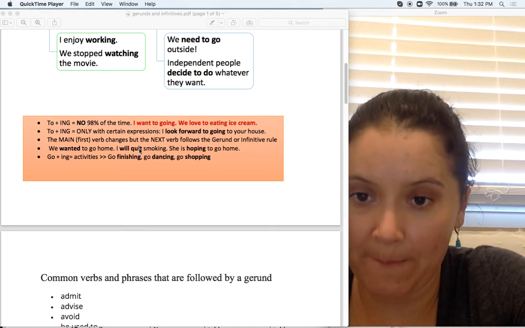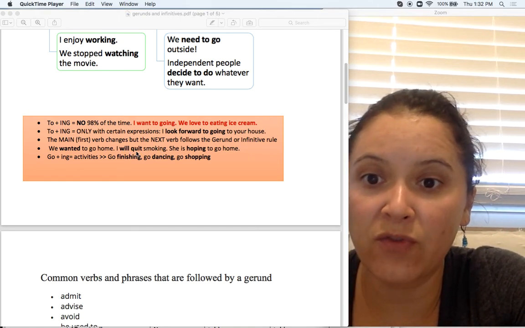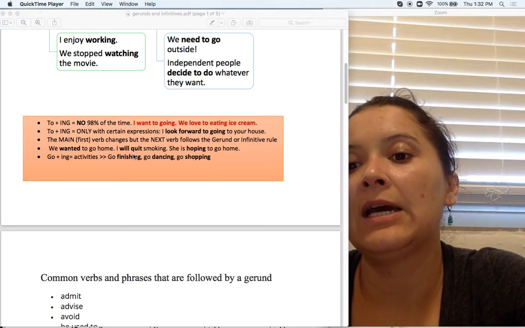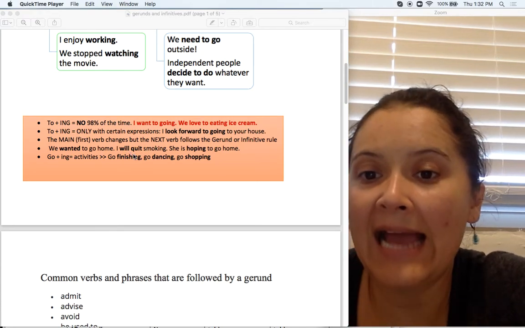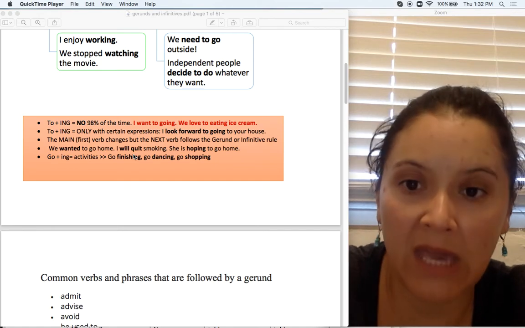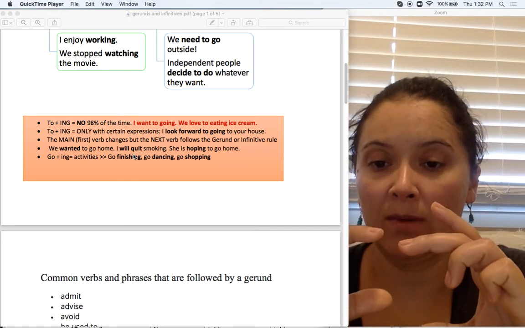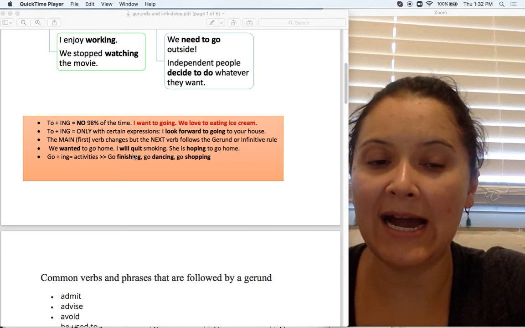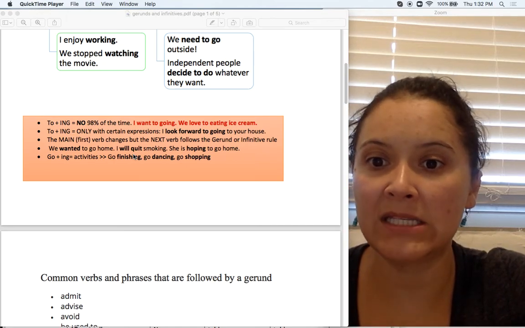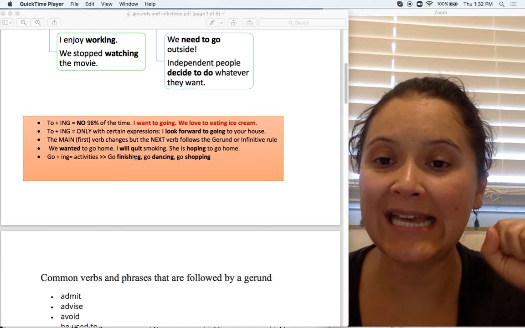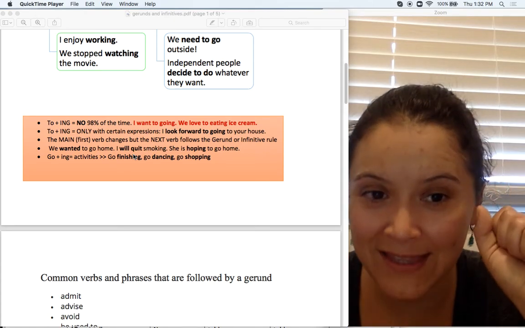Now, what does change is the first verb, you see? Maybe you could even say, "I am quitting smoking." So "I am quitting" is just the verbal form. But "smoking" is the actual gerund. So some of you might say, oh, but it's "ing" and it's "ing." No, it is not.